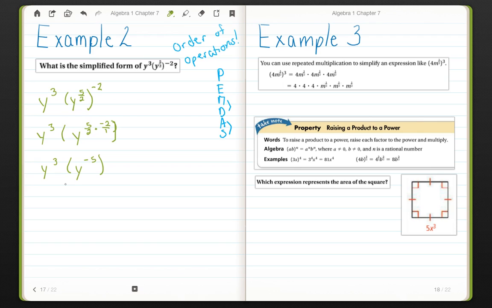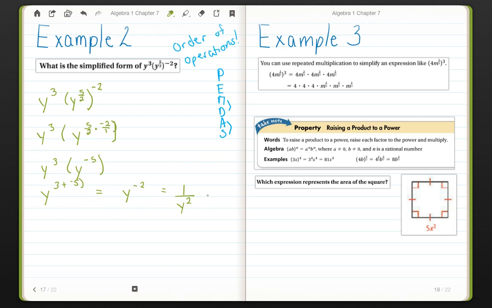Now I'm going to go ahead and add: y to the 3 plus -5 equals y to the -2 power, but I can't leave it as a -2. I need to take it as 1 over y squared.